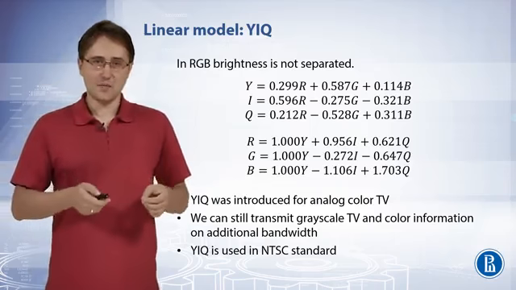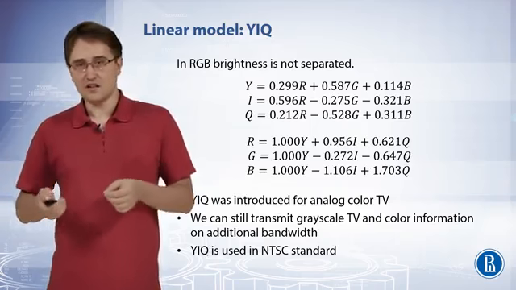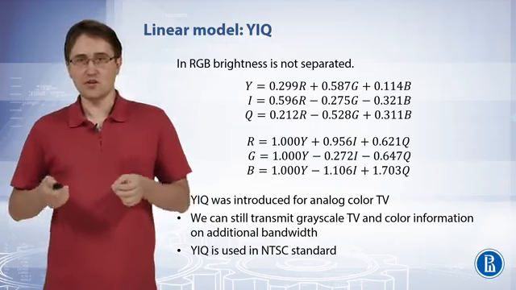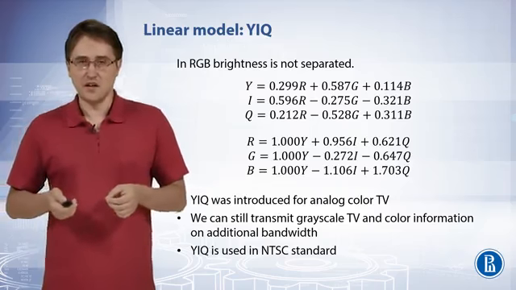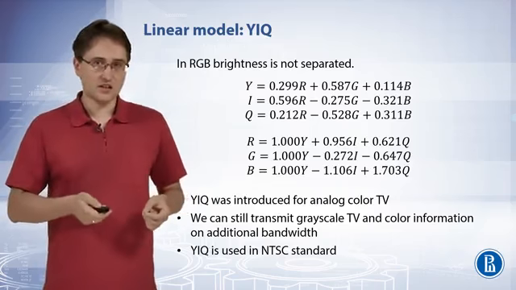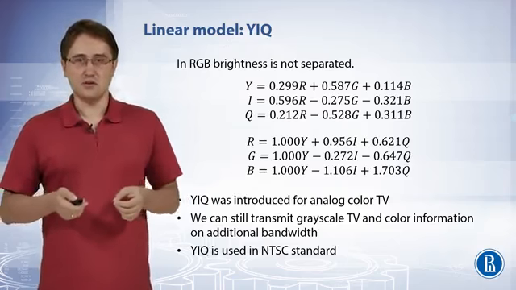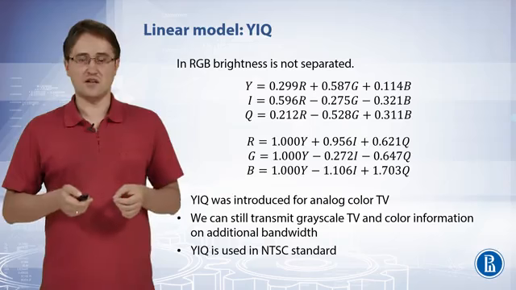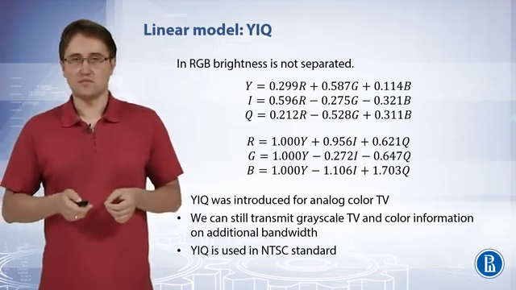Because brightness is separated, we can transmit it on a grayscale channel, and color information can be transmitted on additional bandwidth. This allows us to simultaneously transmit a signal which can be received by both grayscale TV and color TV. The YIQ model is used in the NTSC standard. In the PAL standard there is a bit different model.